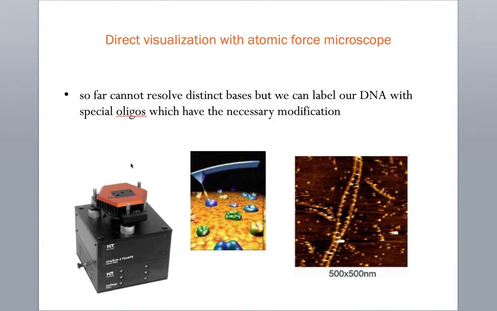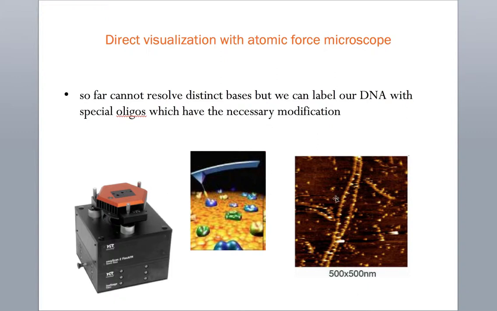The other upcoming technology is called the atomic force microscopy technique. What you can do with an atomic force microscope is actually see DNA. And this is an atomic force microscope. An atomic force microscope works like a blind man. It's tapping the samples, but the good news is it has extremely high resolution.